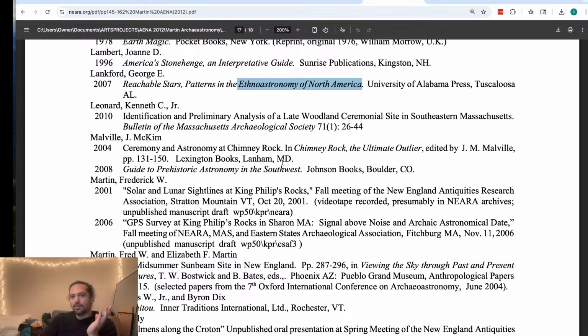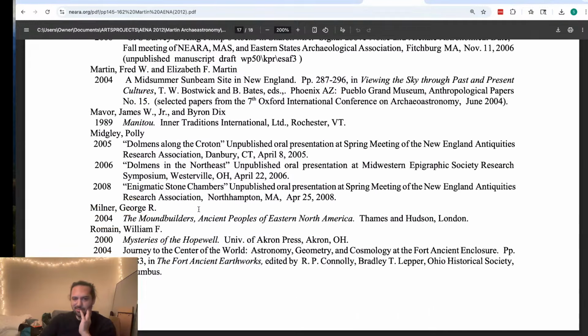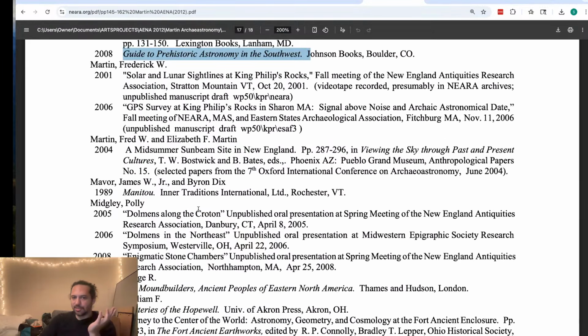Out in the Southwest, for sure, and in Ohio, you can see it too. It's just that New England is more difficult to say, because a lot of these sites haven't been excavated. What I was saying is they haven't been fully archaeologically surveyed, so we don't know.